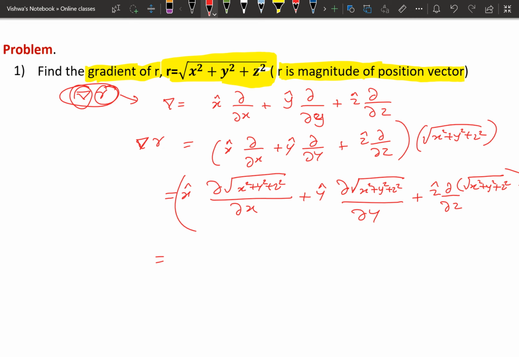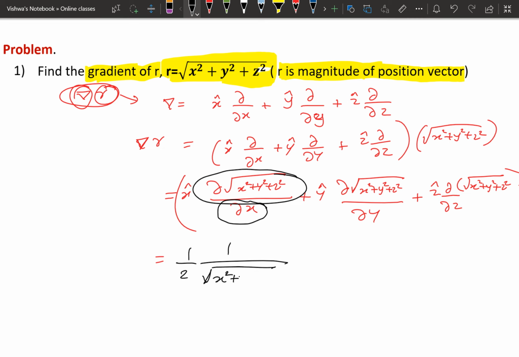Now we have to differentiate partially. Partial differentiation means we only differentiate the terms that are multiples of this dou x. For that, the partial differentiation of this becomes 1 divided by 2 square root of x square plus y square plus z square, and then the derivative of x square is 2x. The unit vector is x cap.